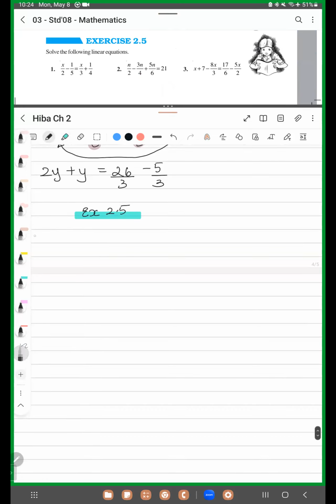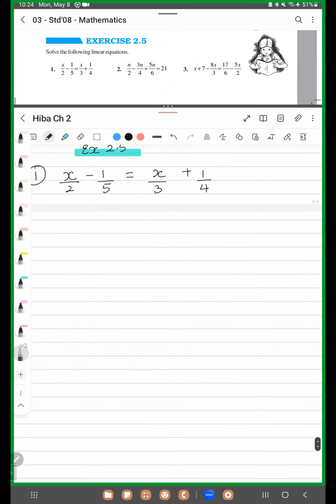Let's do the first one. x by 2 minus 1 by 5 equals x by 3 plus 1 by 4. So first let's identify the x terms. This is the x term and this is the constant term. Now what will we do?